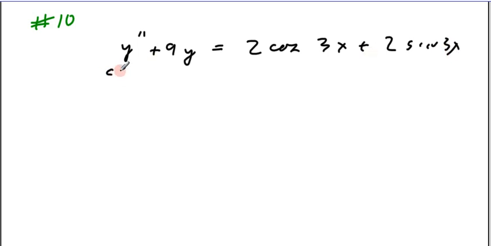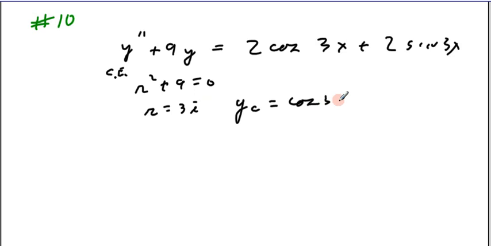I look at the characteristic equation and I get r squared plus 9 is 0. I get r is plus or minus 3i. My y sub c is going to be cosine 3x plus sine 3x. How inconvenient.